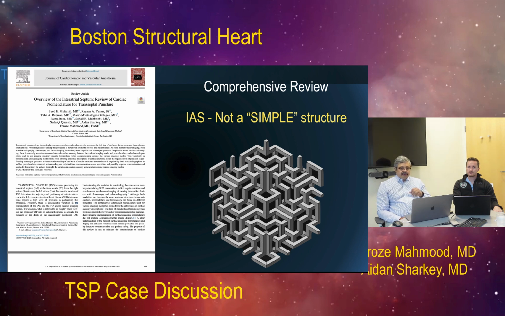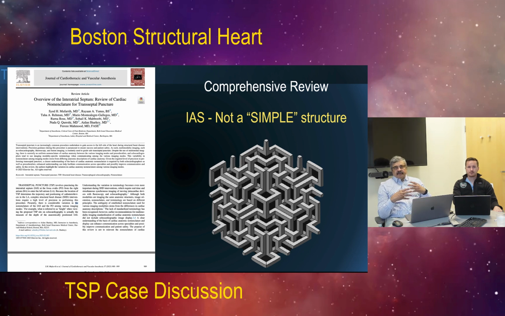article. So to answer your question in short, the reason it's so important is that the intra-atrial septum is not a simple structure. There is a false intra-atrial septum, and there's a true intra-atrial septum, as you have heard in the previous presentation. Going through the wrong location, that is, going through the false intra-atrial septum, can be a pretty significant emergency and cause a significant septal hematoma and possibly a pericardial effusion.